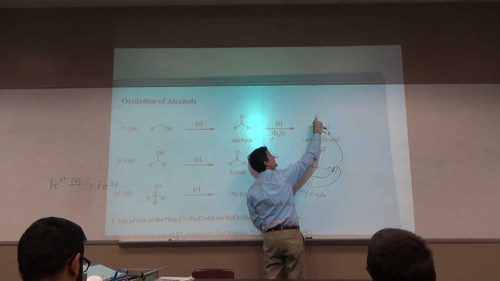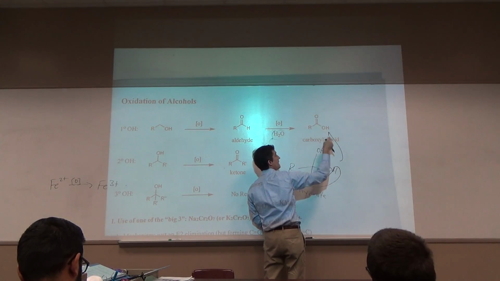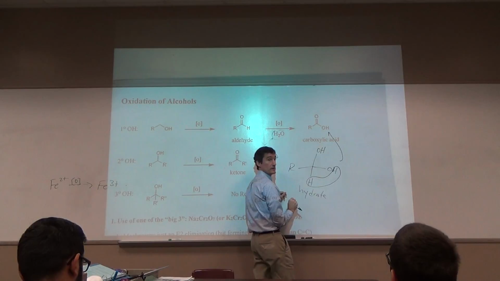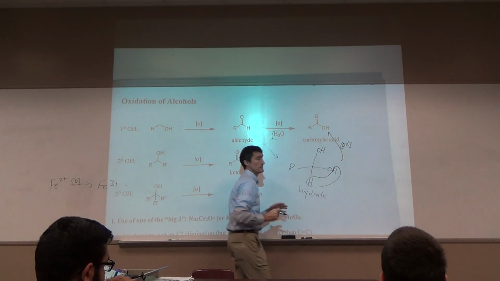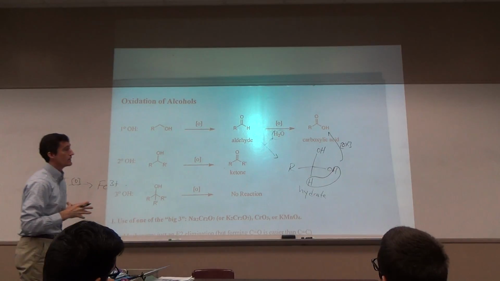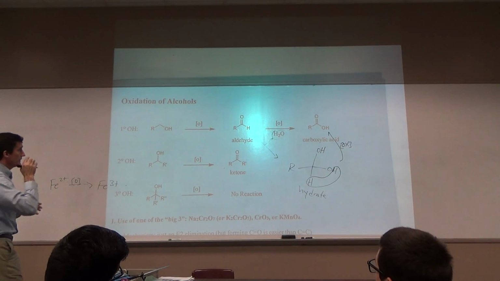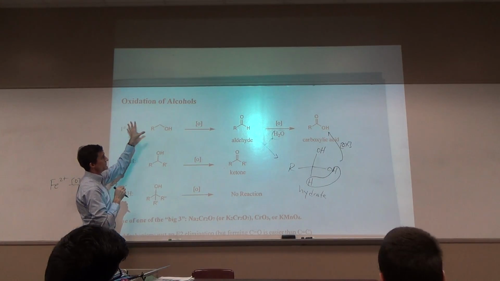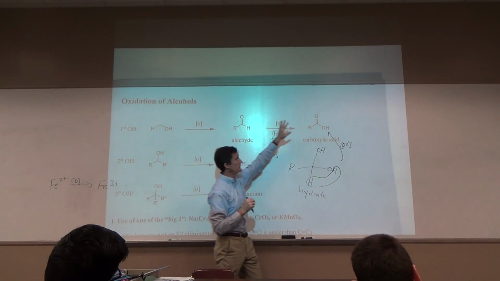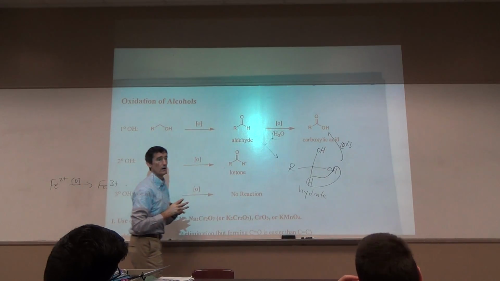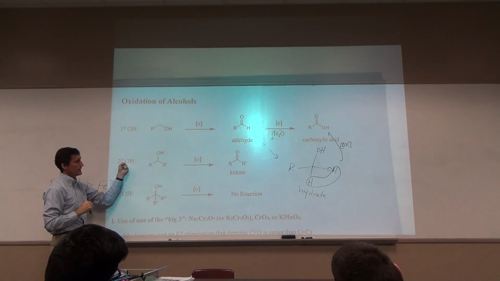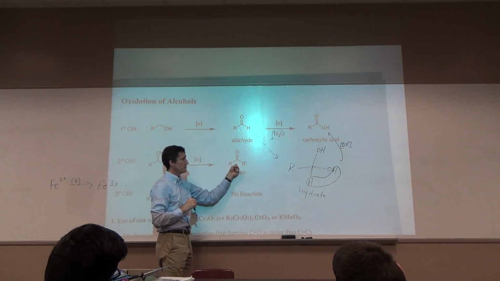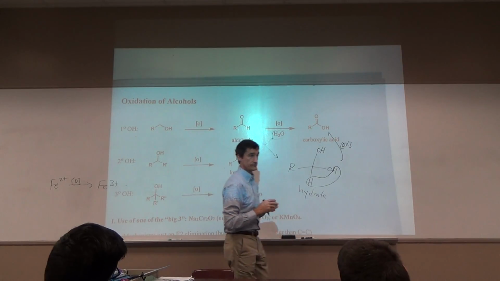We now have a double bond between the C and the O, and you got an OH left. So there's actually your oxidation. The take home is primary alcohols, if you use the big three, go all the way to the carboxylic acid. Secondary alcohols stop at the ketone, you cannot further oxidize them.